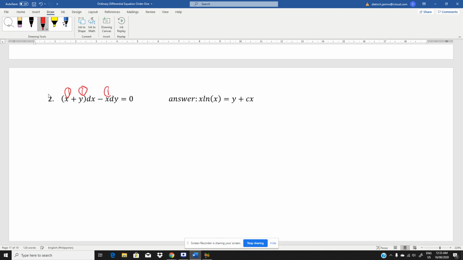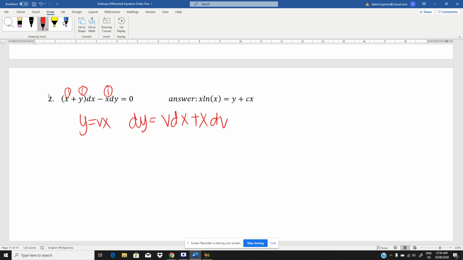So since M has many terms, we will say that y is equal to vx for easy solution. So we will have dy is equivalent to v dx plus x dv.